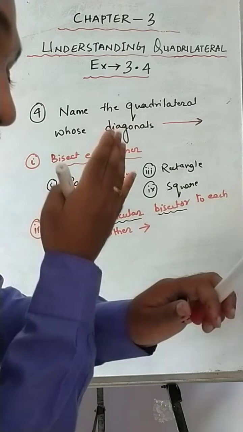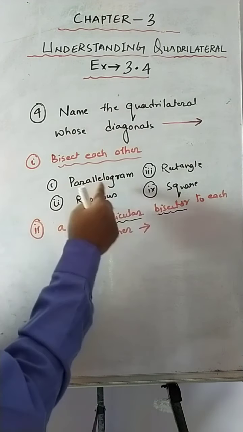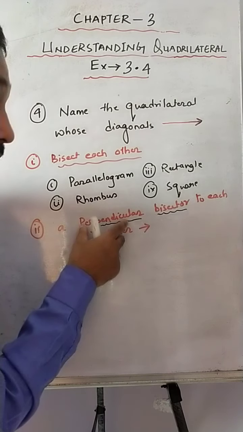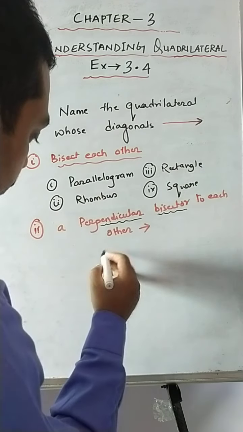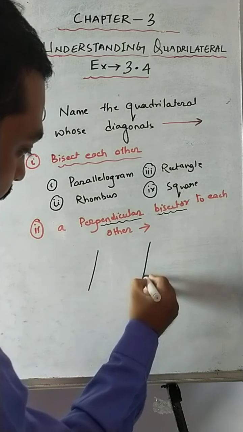That is, they have to bisect also, because we have already discussed these are the four quadrilaterals in which the diagonals are bisecting. But the question is, are they making 90 degrees also? Now I would like to show you one thing. Suppose this is a parallelogram.